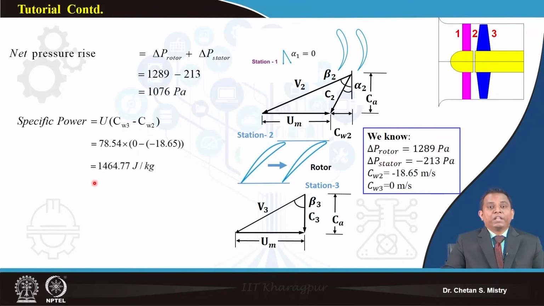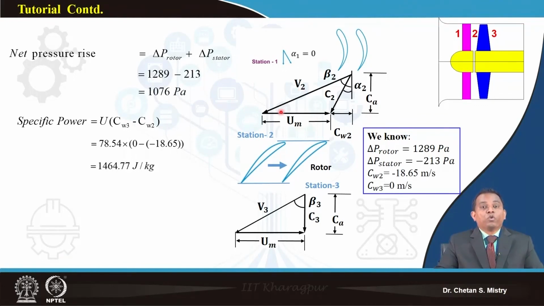So, for solving this kind of numericals, you first need to make a rough sketch of what the configuration is, what is given. Then, after you have your understanding of the velocity triangle, look at what angles are given. Based on that, you construct your velocity triangle. Once these velocity triangles are known to you, you put in all the velocities that are known.